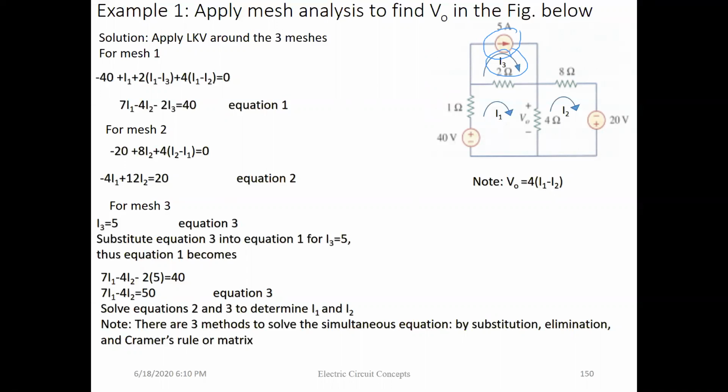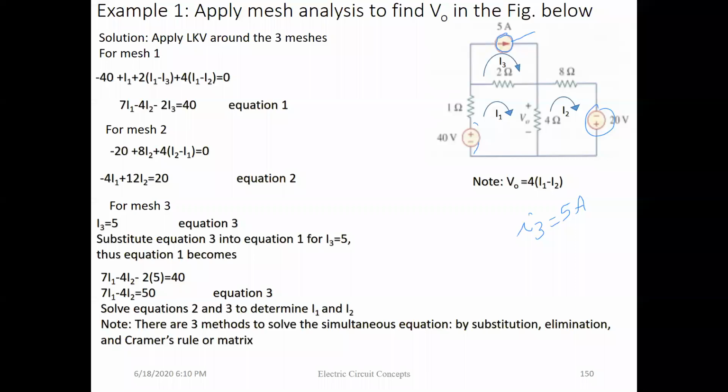Okay, so in this case, I3 will be equal to 5. Now, why is it not a minus? Because the current direction of I3 is the same as the current direction of the current source. So this is called the current source, and these are voltage sources.